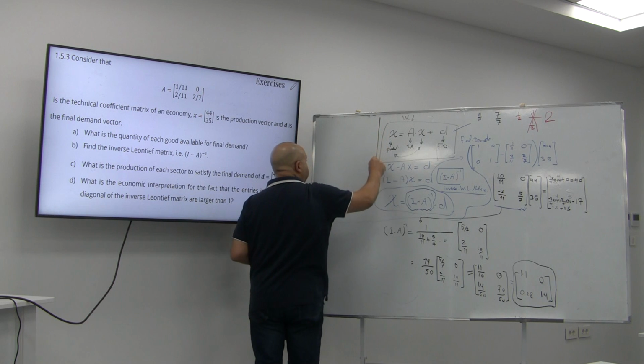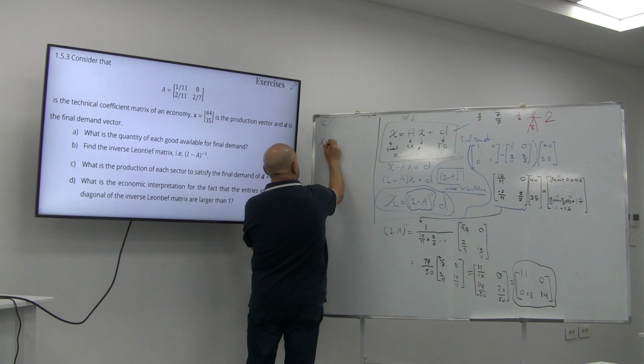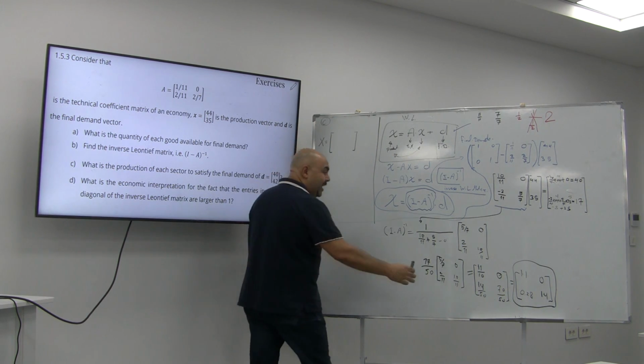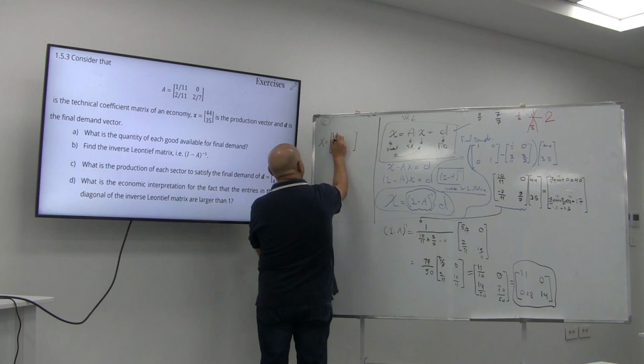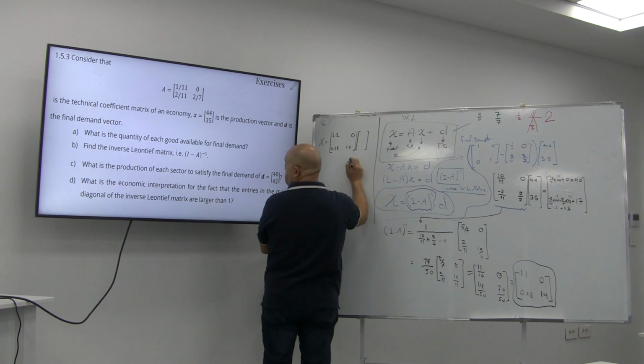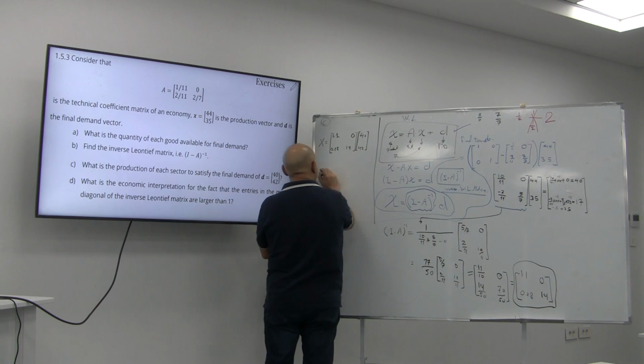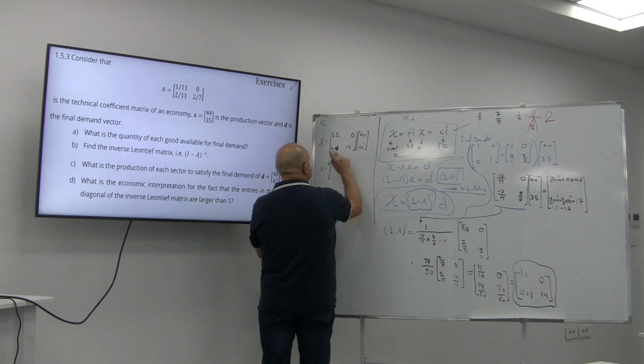Okay, this is for part C. In order to get the production, I will take the inverse Leontief matrix, which is 1.1, 0, then 0.28, 1.4, and it will be multiplied by the final demand column, which is 40, then 42. That X will equal 1.1 times 40, then 0.28 times 40 plus 1.4 times 42.